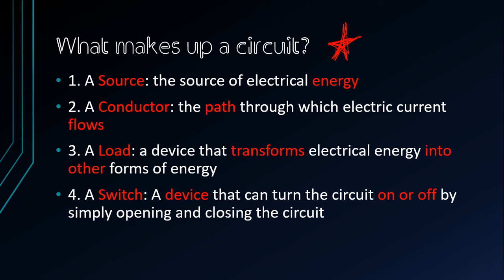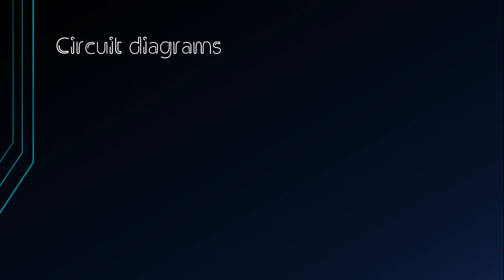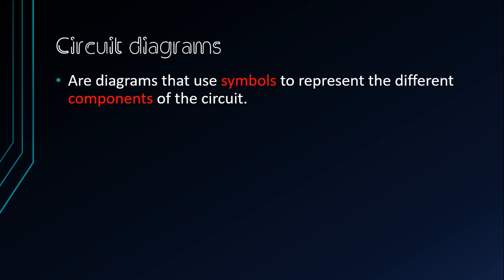Now, how do we draw these? Circuit diagrams. I love drawing these. Circuit diagrams are diagrams that use symbols to represent the different components of the circuit. Every time you build a house and you have floor plans, the electrician is going to wire everything, he has to bring down the plans to get approved, and it uses all these symbols so that everybody can understand what is going to happen.